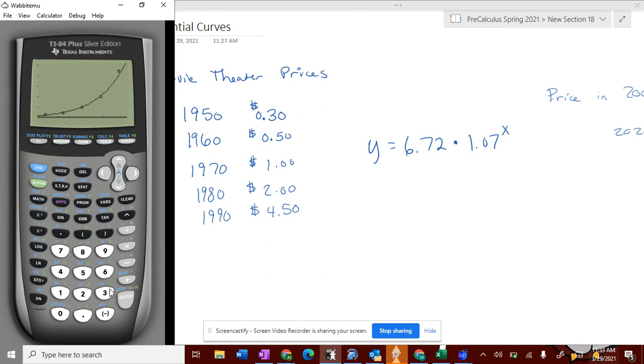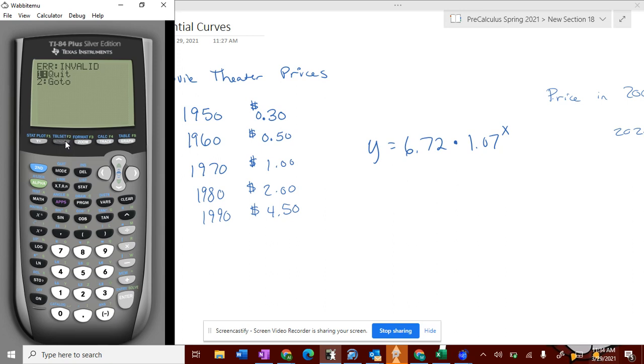Okay. Now I want to see what the price was in 2000. So if I try to trace, I got 1950, 60, 70, 71, 72, 73. But if I try to go to 2000, I'm going to get an error, aren't I? Because my window isn't big enough.